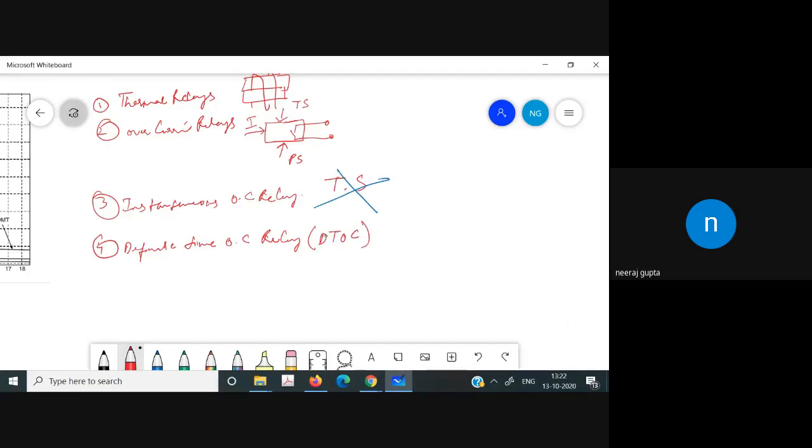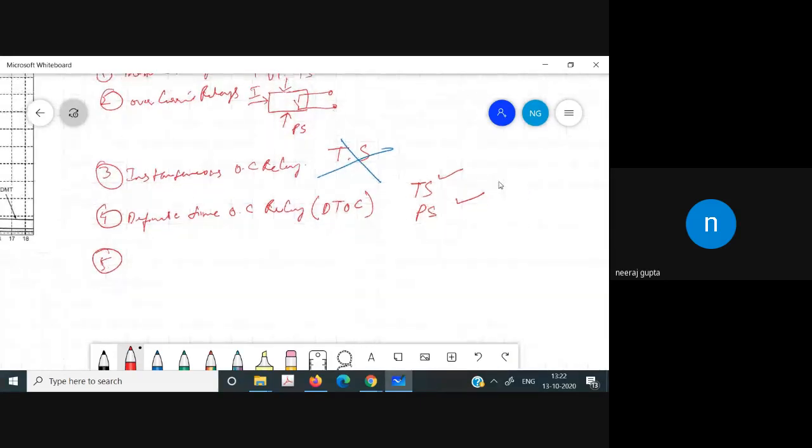In the definite time overcurrent relay, the time setting is there, and the plug setting is also there. The fifth relay that we discussed is the inverse time overcurrent relay. In this case, we studied that the more severe the current, the time would be reduced. That is, it has an inverse relationship. The relationship between the current and the time is inverse.